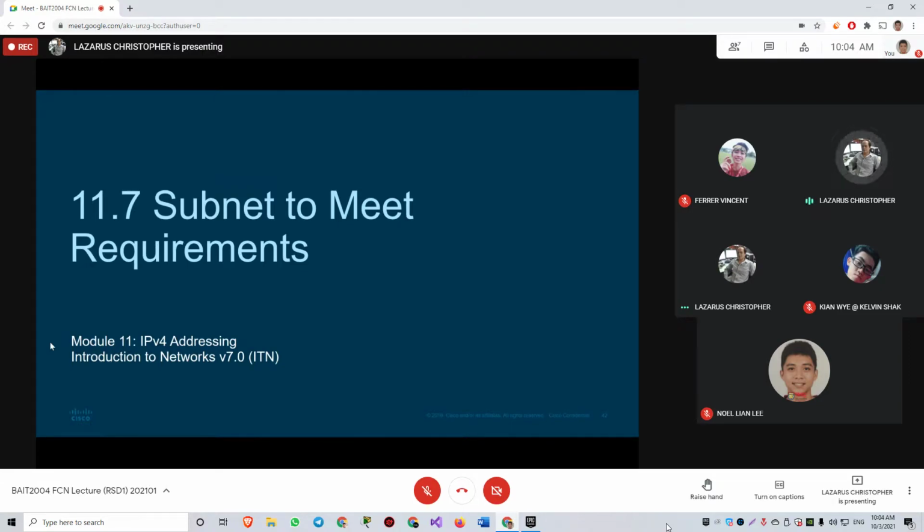That means our requirements, not only do we want to meet the subnet part, but also the number of hosts per subnet. Sometimes it is beyond what the number of hosts allows, but not only that, sometimes we don't need so much. For example, the previous example is 20,000, but you have 32,000.